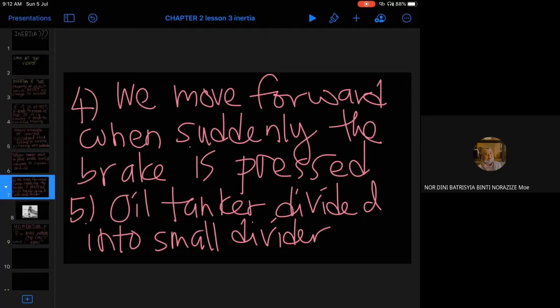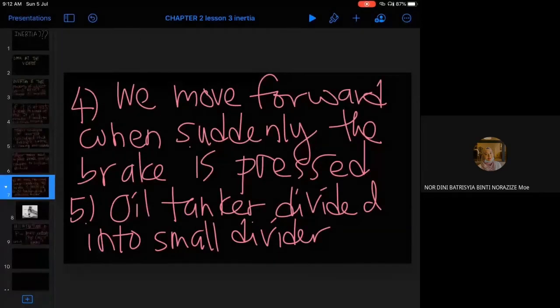Bila minyak tu dalam satu tank tu berapa tan tu? Banyak kan? So kan saya dah bagi tahu tadi greater mass, greater inertia. So that tangki tadi yang ada minyak yang jisimnya besar tadi tu mempunyai inertia yang sangat besar. Jadi bila berlaku perubahan kepada, katalah dia berada dalam keadaan gerakan lurus. Lori tangki tu bawa dalam keadaan lurus. Okey, tiba-tiba dia kena belok. So liquid dalam tu akan berombak, betul tak?